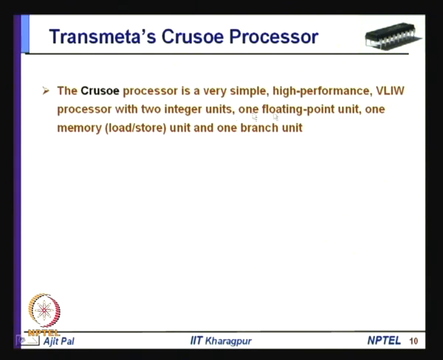So, you can see 2 plus 1 plus 1 plus 1 leads to 5 units. That means, the Crusoe processor has got 5 functional units inside the single CPU, but the way it executes instructions is completely different from that of superscalar architecture.